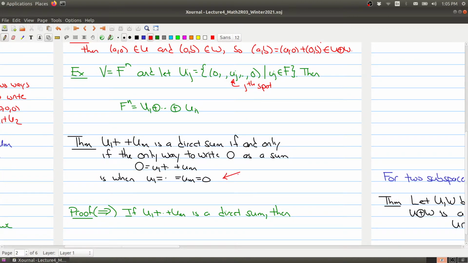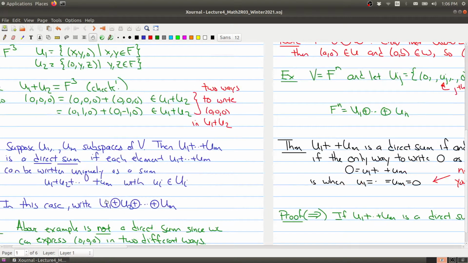What's happening is that in order to check whether you have a direct sum, you need only show that you can write 0 uniquely.